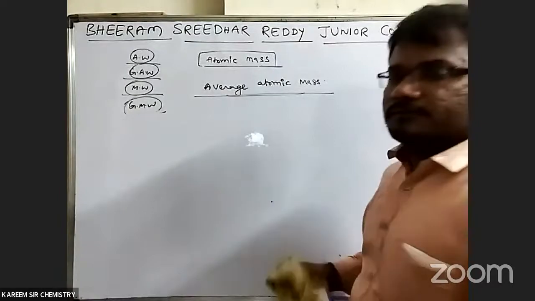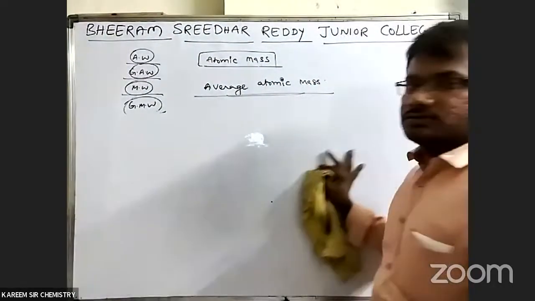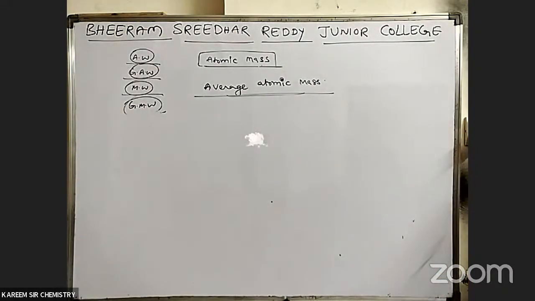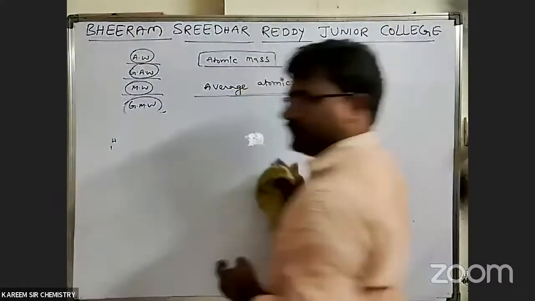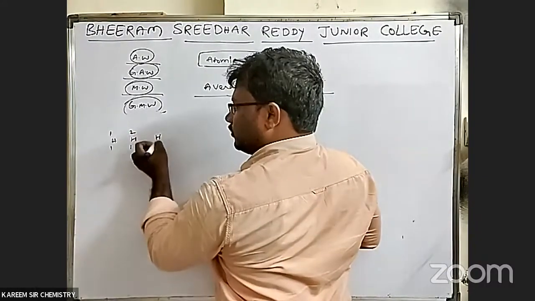No, that's not it. Listen to what I am saying: average atomic mass. So if an element has many isotopes, for example hydrogen available in nature as 1H1, 1H2, 1H3.